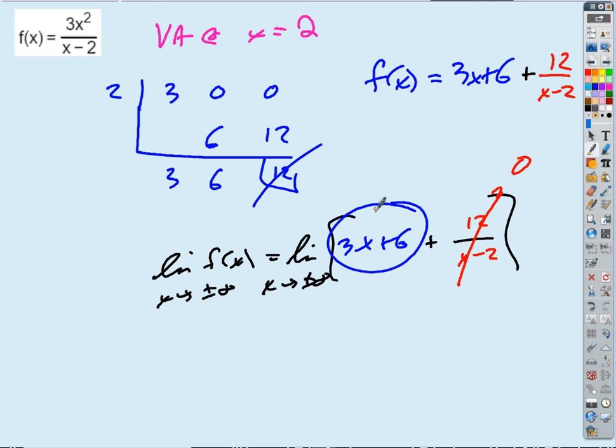Let's just graph this thing. So we get slant asymptote at y equals 3x plus 6.